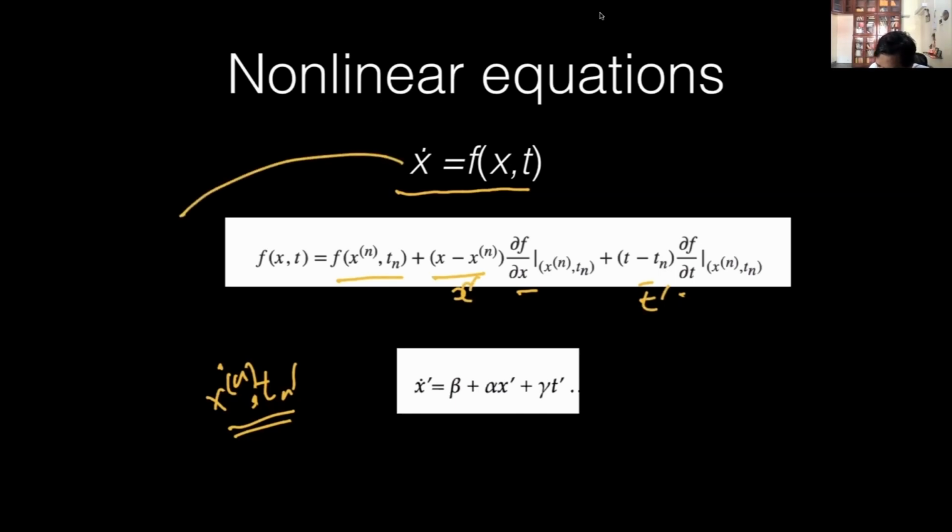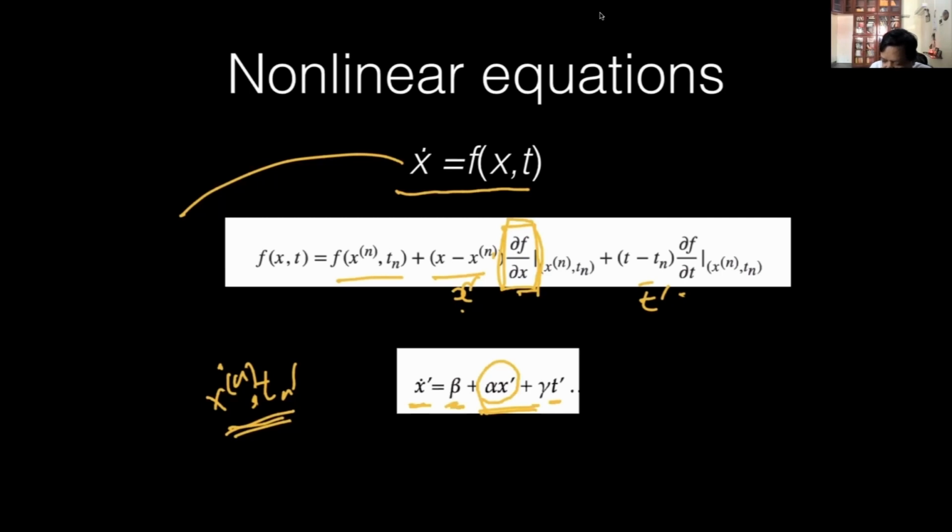Okay. So from here, I want to make a change of variable. In the change of variable, x prime dot near x n and t n is given by this equation. And it turns out stability basically depends on this term. These other terms, if they're well behaved, won't affect the stability. So essentially, you look at this term, which is partial f partial x.